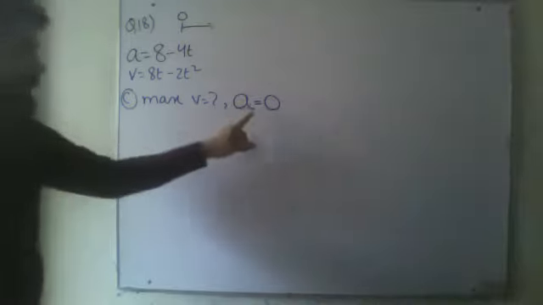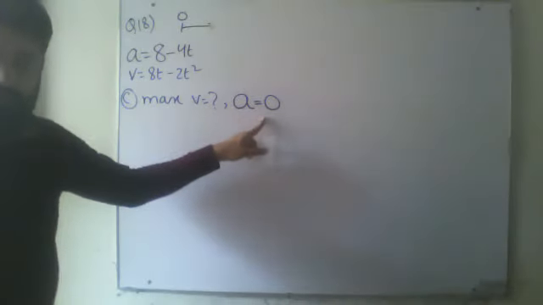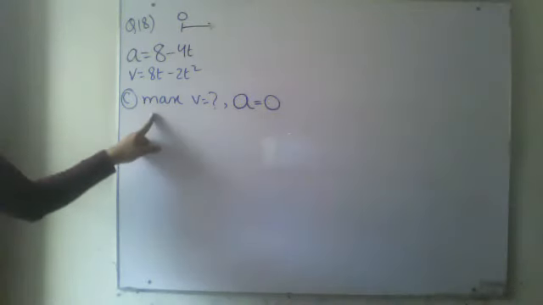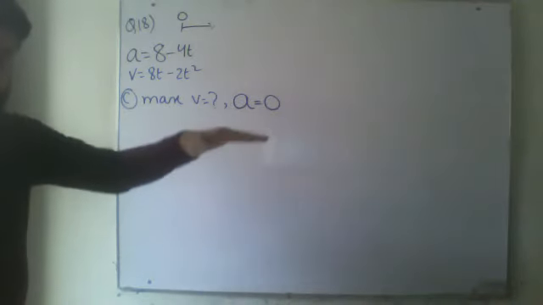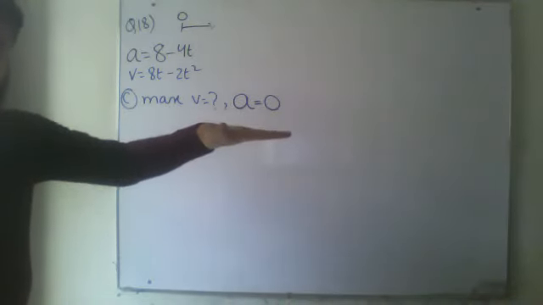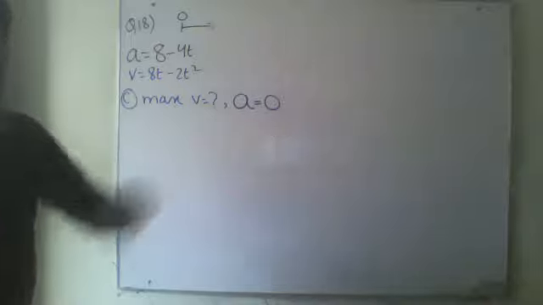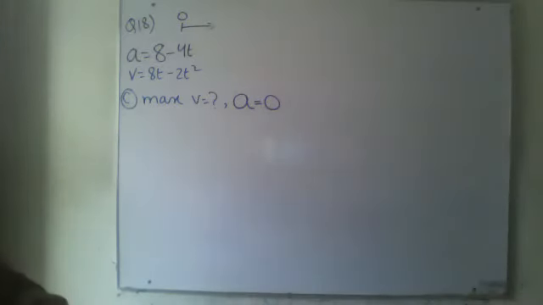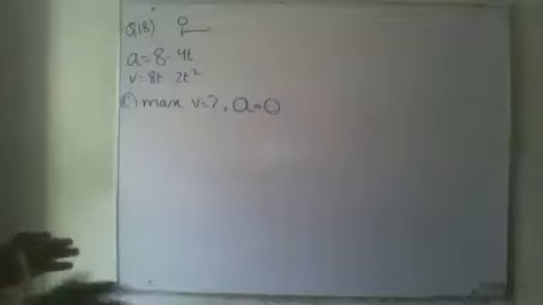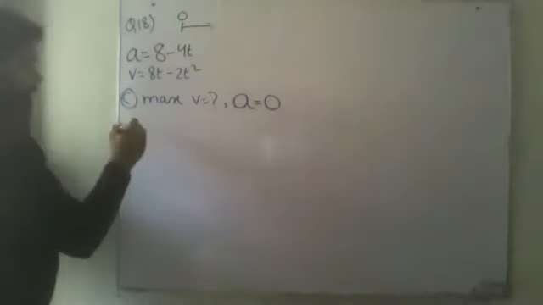If I can find at what time the acceleration is 0, my velocity will be maximum at that point, because it is increasing, increasing, increasing, and when acceleration is 0, the body's velocity is constant. That constant velocity is basically the maximum velocity.